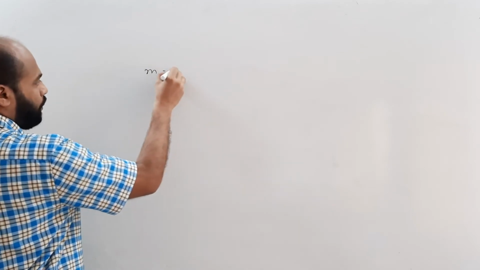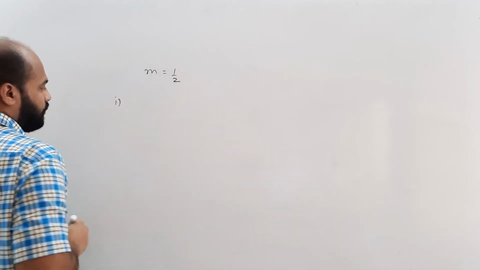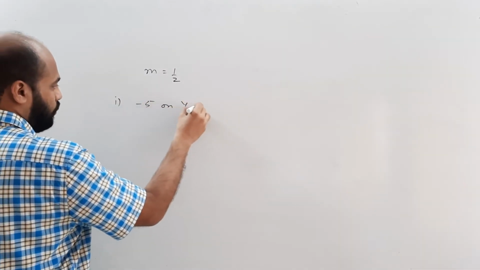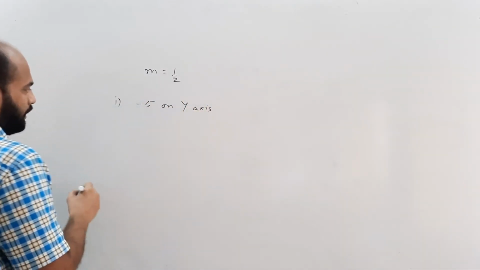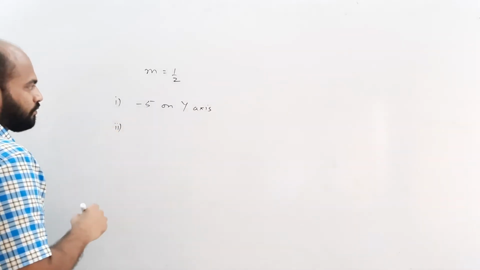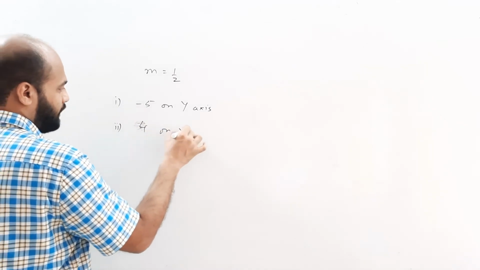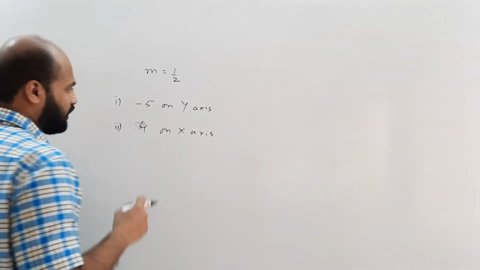Let's say there is a line with slope half. First time it cuts an intercept of minus 5 on y-axis, and then second time cuts an intercept of 4 on x-axis. In either of the case, we got to write the equation of this line.